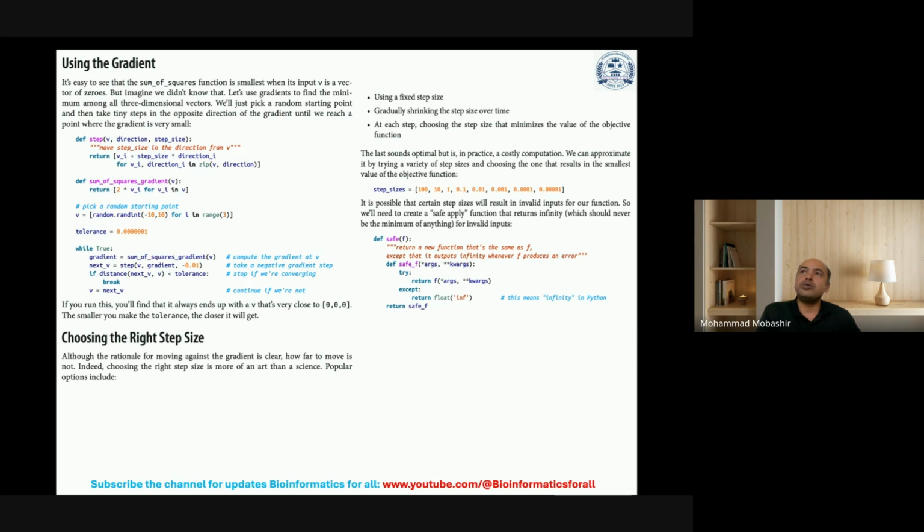And for this, you need to write a small prototype code or module, which will easily tell you the exact way of optimizing and using the right step size.